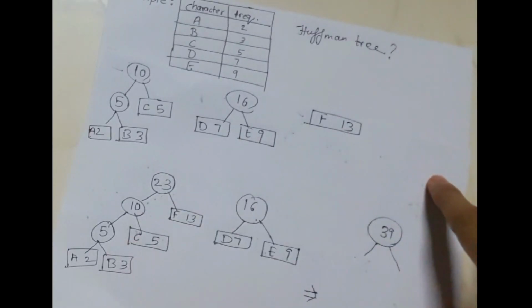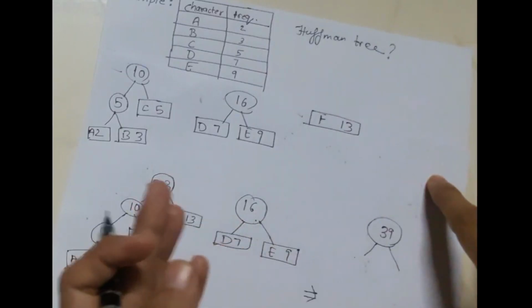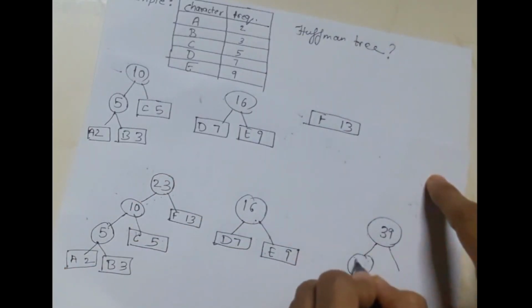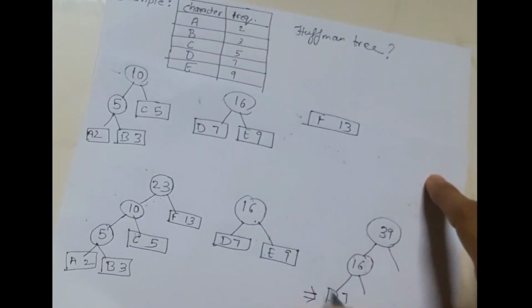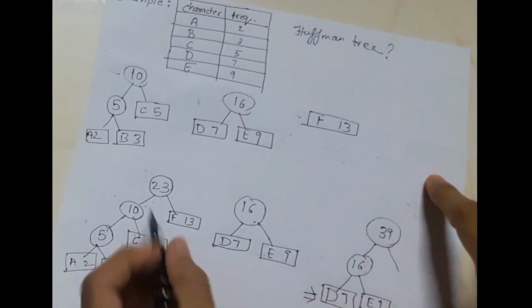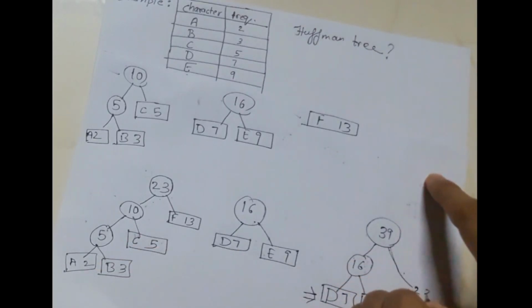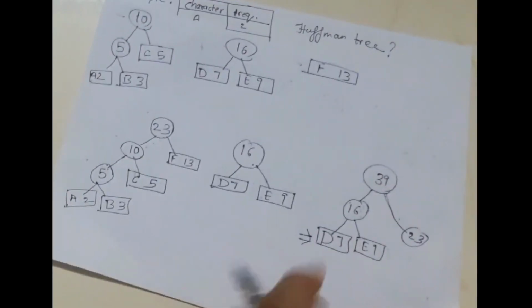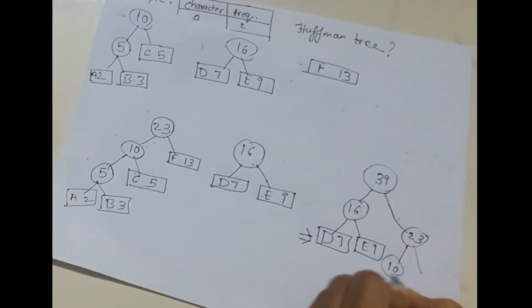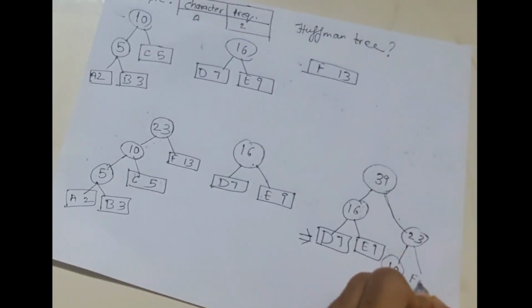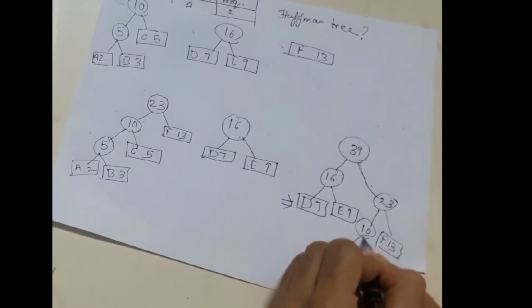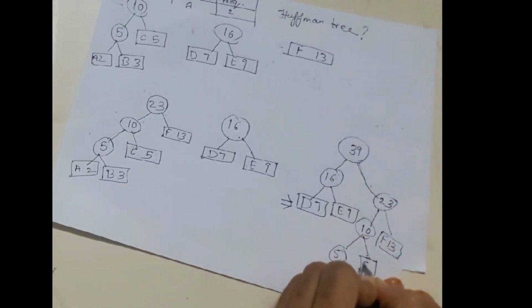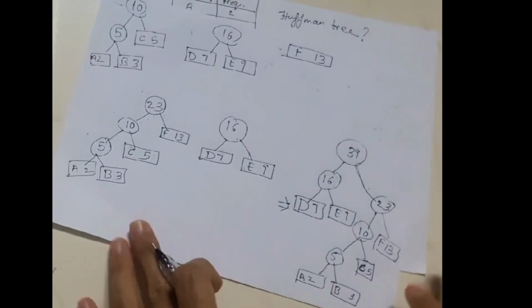Here 16 has minimum frequency, so it will be on the left, and 23 has greater frequency, so it will be on the right. 16 as it is, D7, E9, 23. So this is our final Huffman tree.